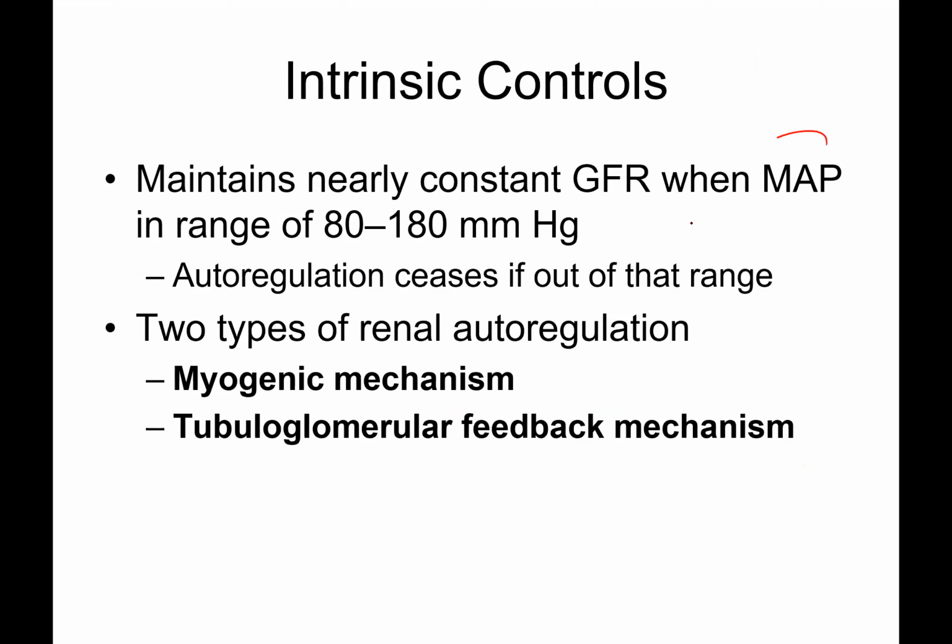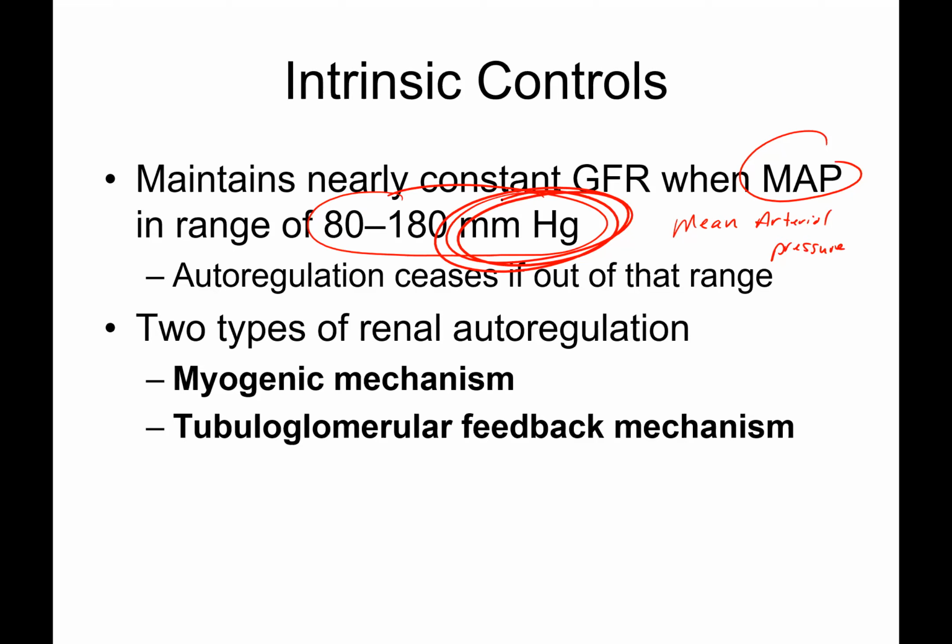Okay, this is mean arterial pressure, in the range of 80 to 180 millimeters of mercury. Remember, millimeters of mercury is how we measure blood pressure. So this is basically the average pressure in a patient's arteries during a cardiac cycle.